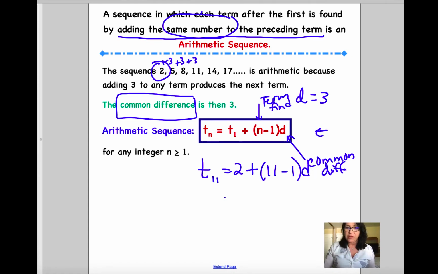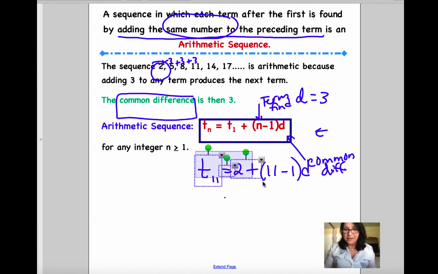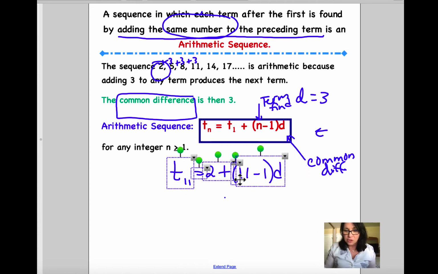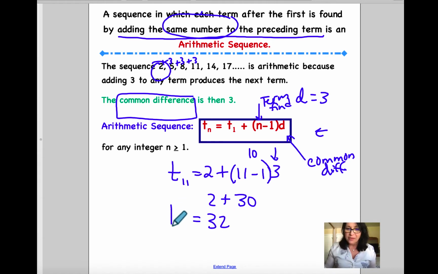And for this sequence, d is 3. So let me erase this d and put a 3 there. All right, so we would get 11 minus 1, which is 10. 10 times 3, which is 30. 30 plus 2 is 32. So my 11th term is 32.